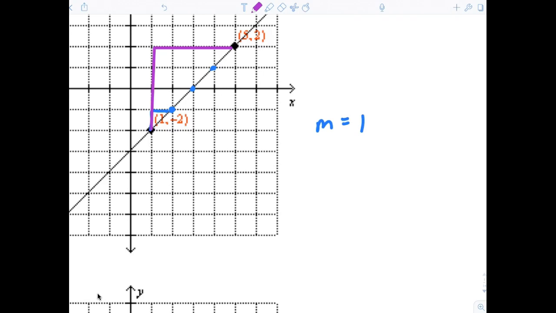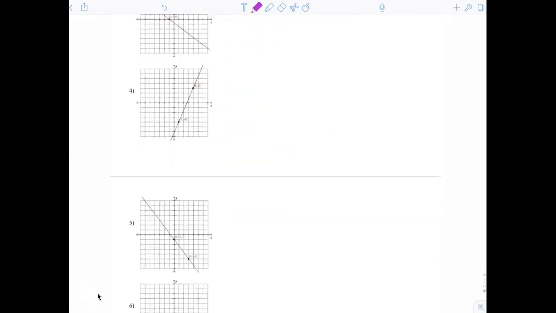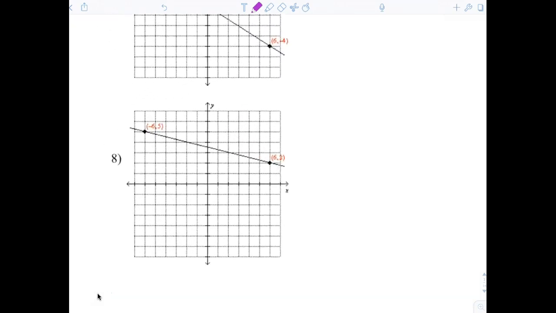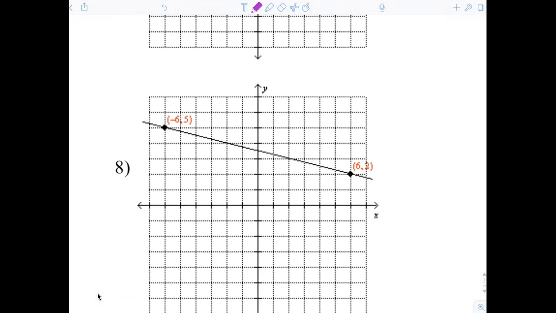Now, does anybody have any questions finding the slope given a line? Anybody? All right. So now, 3, 4, 5, 6, 7, and 8 provide you lots of what? Lots of practice. Everybody jump to number 8. Everybody write down the answer for number 8, and then I will tell you what the answer is, and then you can see if you understand.